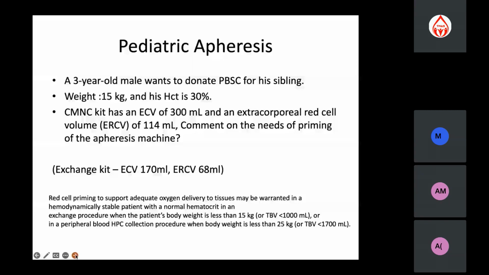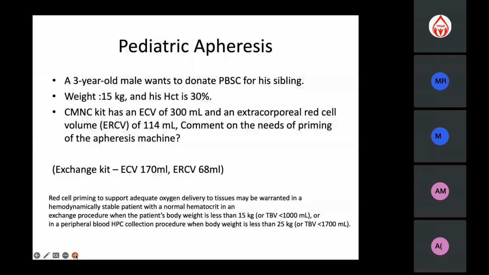For a stem cell collection, we commonly use a continuous mononuclear cell collection kit using Spectra Optia. The Spectra Optia has an extracorporeal volume of 300 ml and the extracorporeal red cell volume is 114 ml. So we are asked to comment on the need for priming the apheresis kit for this patient.